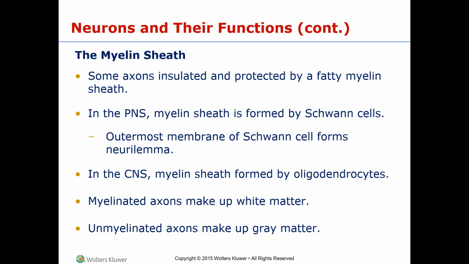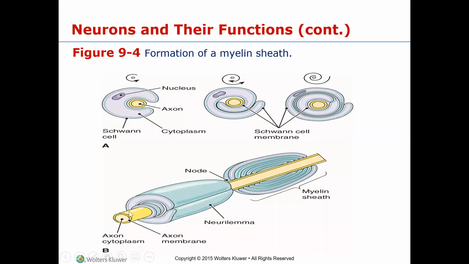So if we want to look here, this is one neuron here, the yellow, with the axon, and then we have this coating that goes around the outside, and see, it's wrapped around and around, and this is the neuron here. This wrapping or encasement is called a Schwann cell membrane, and it protects this axon.